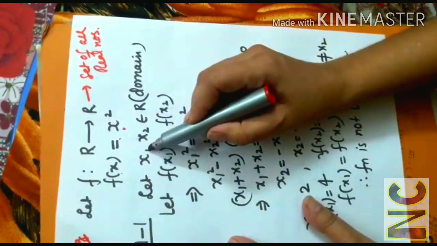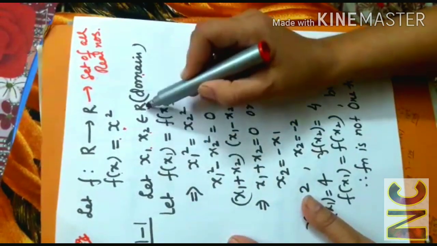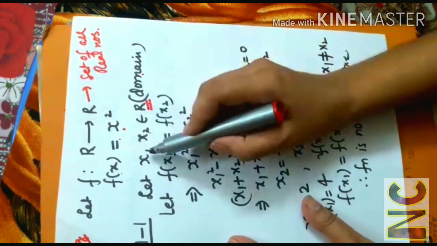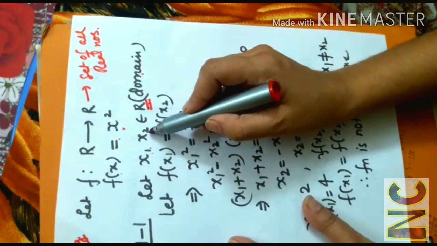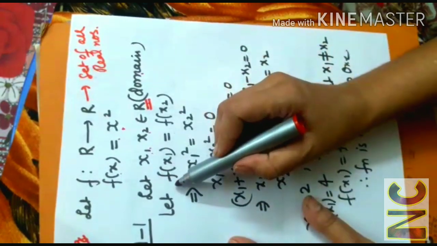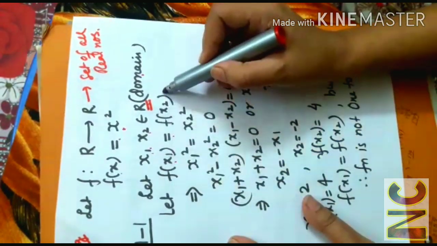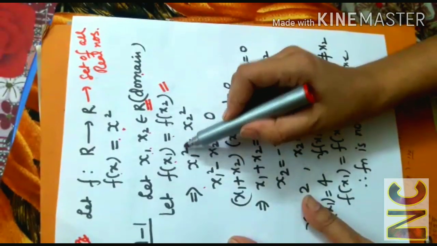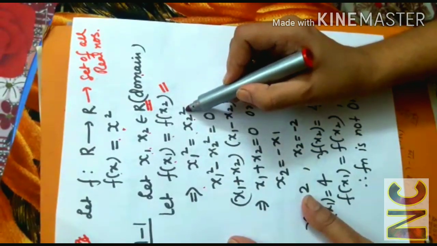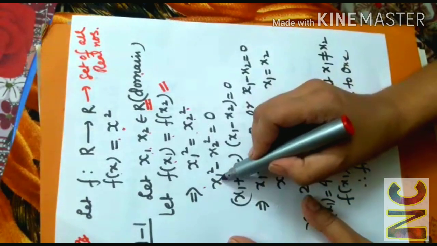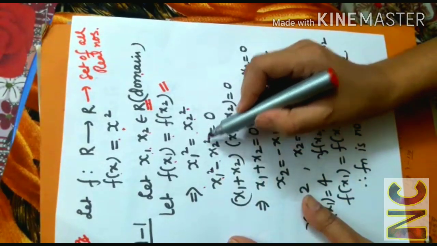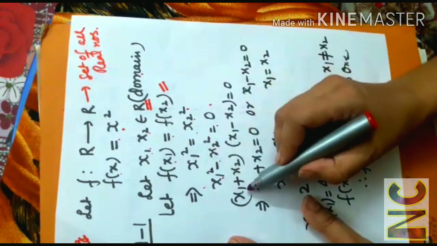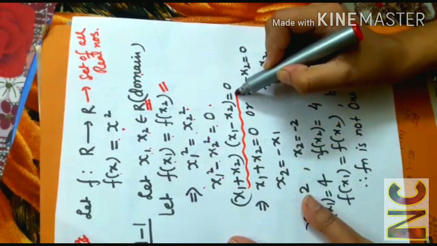I'll take two elements in the domain, that is in the set R, that is x1 and x2 are real numbers. Let f(x1) is equal to f(x2). This will imply x1 squared is equal to x2 squared, that is x1 squared minus x2 squared is equal to 0. On factorization, I'll get these two factors.